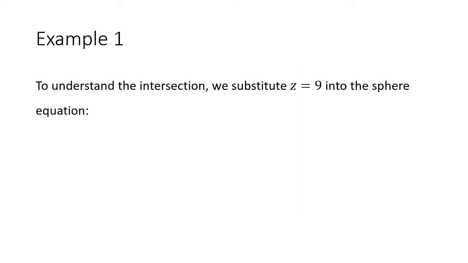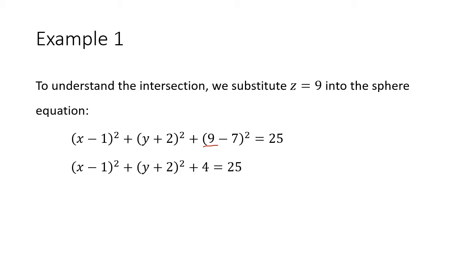To do the math, this was actually pretty simple. I'm just going to substitute z equals 9 into the equation of the sphere, which means I keep everything the same and just replace the z with the number 9. Now simplifying: 9 minus 7 is 2, and 2 squared is 4.